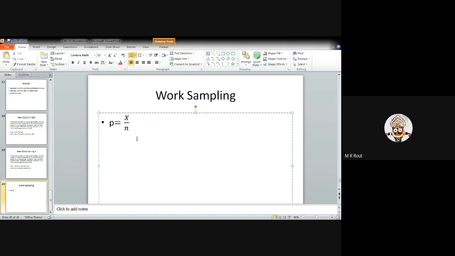Note down x stands for number of observations of the activity in a pilot study, and small n stands for total number of observations.